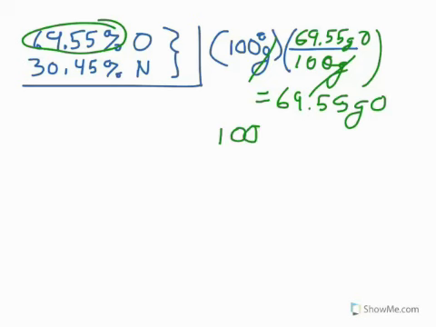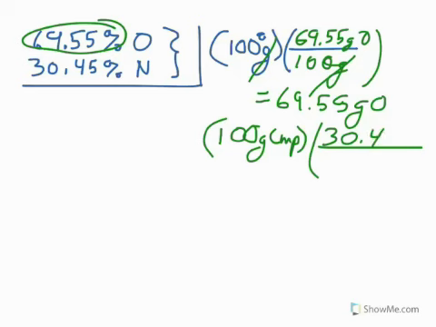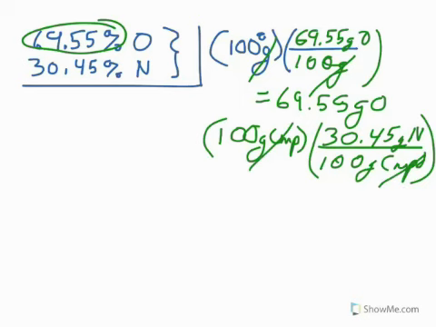I also, if I have 100 grams of compound, have 30.45 grams of nitrogen per 100 grams of the compound. So that gives me 30.45 grams of nitrogen.